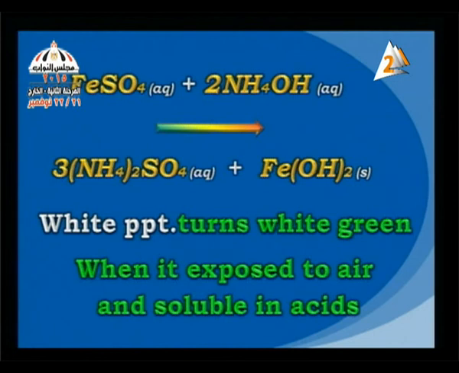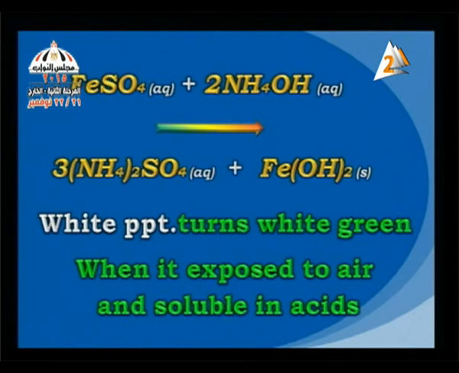The white iron 2 hydroxide turns whitish green when exposed to the air. It's good to say that. Whitish green, we saw it before. You have white green iron 2 hydroxide. Easy and important. My lovely students, don't forget, it is soluble in acid.